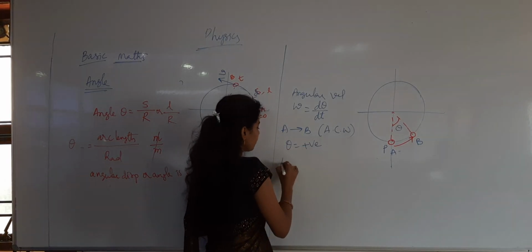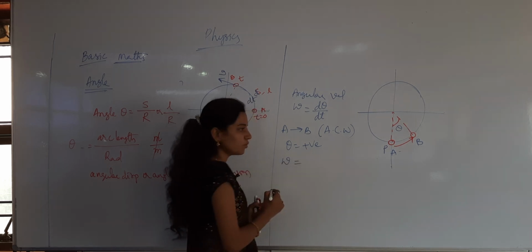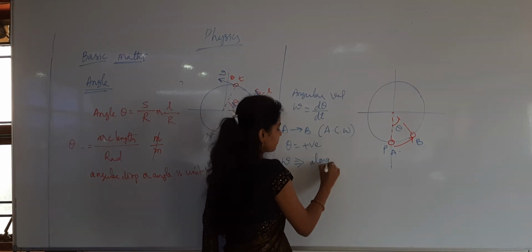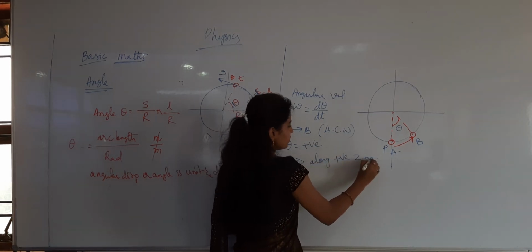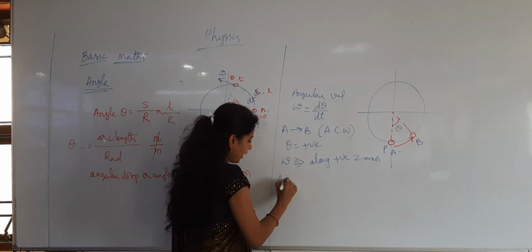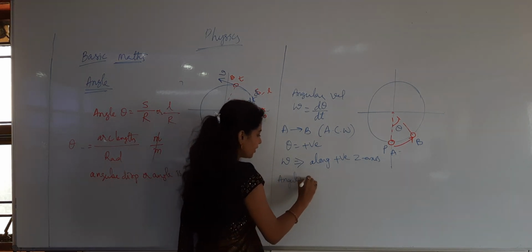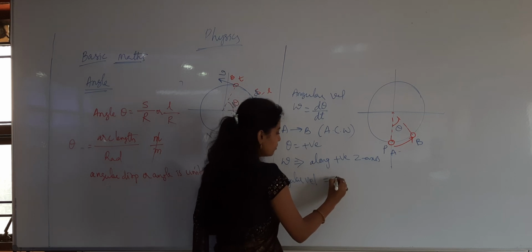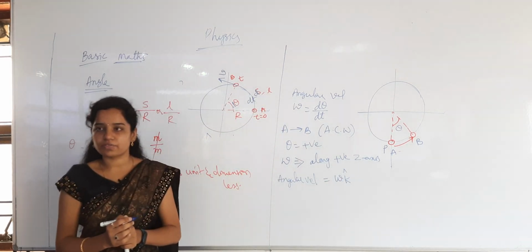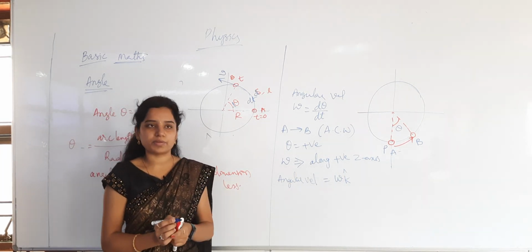And the direction of omega is along the positive z-axis. So the angular velocity is equal to omega k cap.